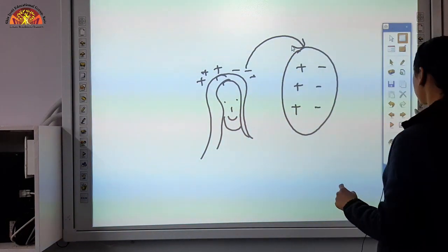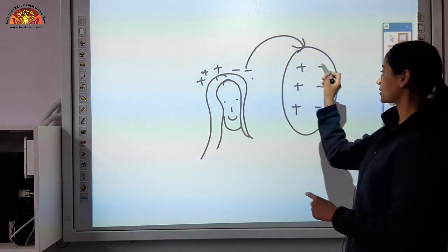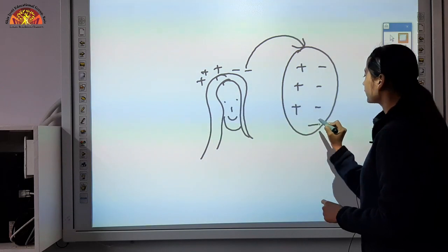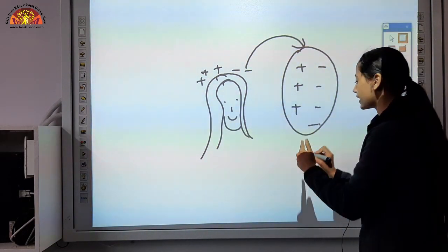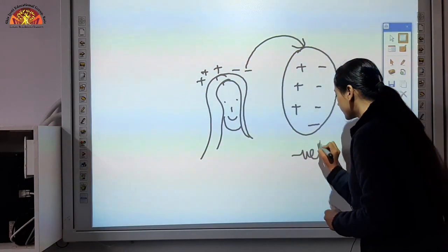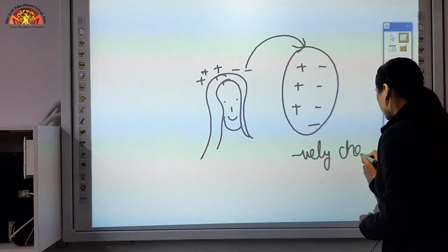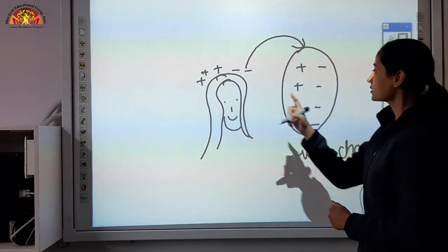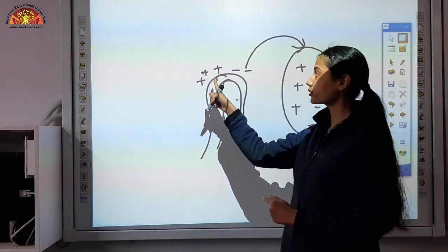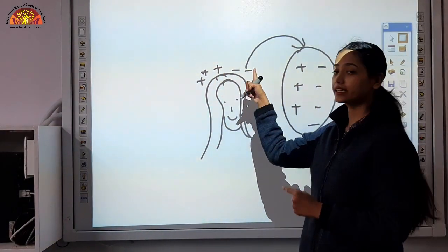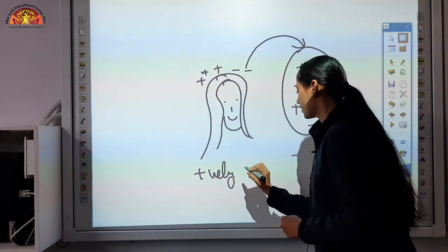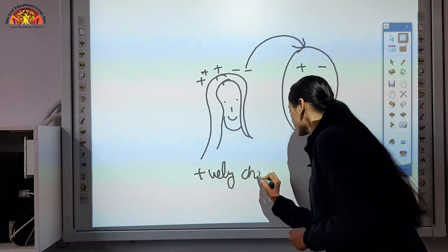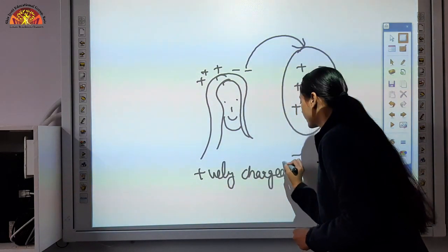Now she has 2 electrons, but this balloon has 4 electrons. Now this balloon has more electrons than protons, that's why we call this balloon negatively charged. Whereas now this girl has more protons as compared to electrons, so we say that she, the hair, has become a positively charged body.